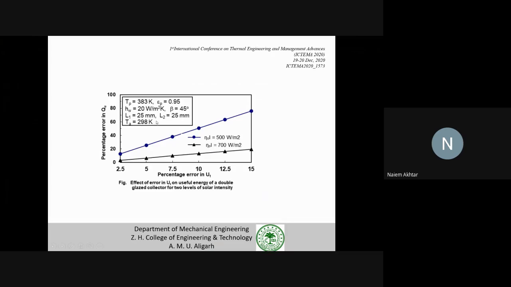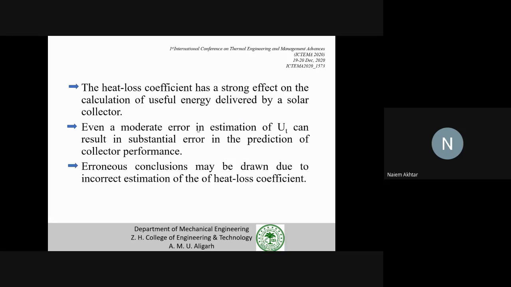Similarly, in another case, two intensities of the solar radiation reaching the absorber plate are taken, and we can see the effect of any error in the calculation of top heat loss coefficient on the calculation of the useful energy. So it is very important to calculate the heat loss coefficient.